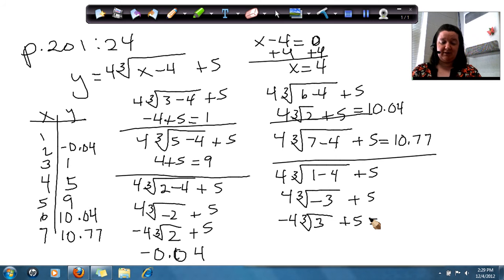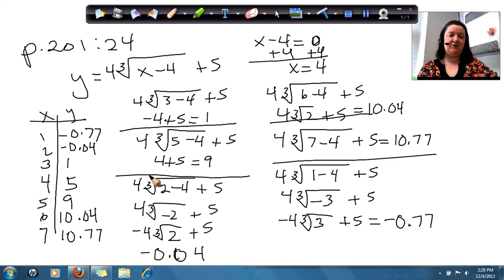We're going to multiply by negative 4, and then we're going to add 5 to that. So that's going to give us a negative 0.77. Okay, so we're going to take that data and use that on the next page to plot it, since we don't have enough space left.